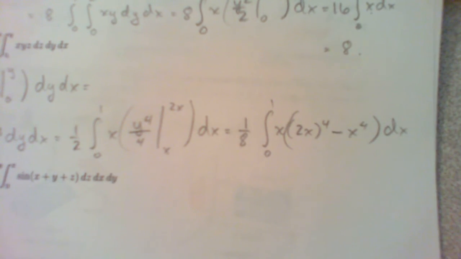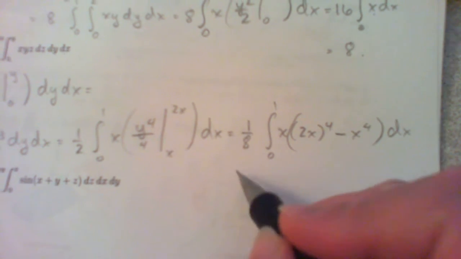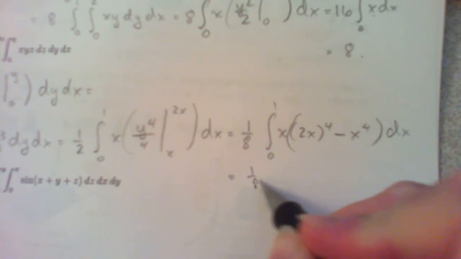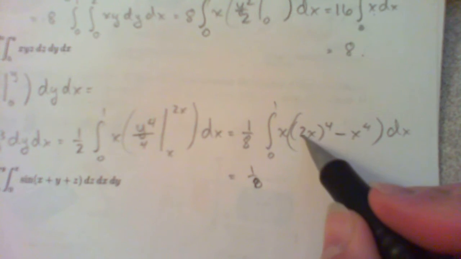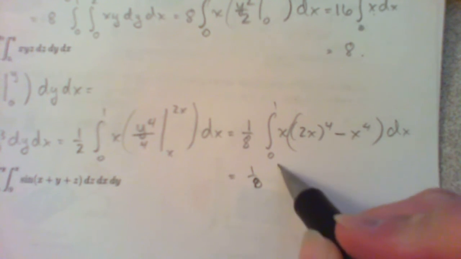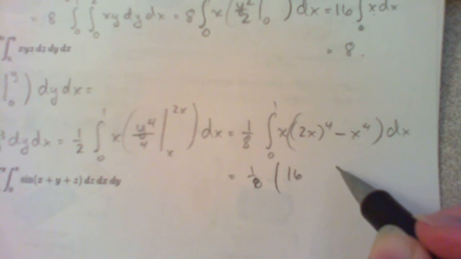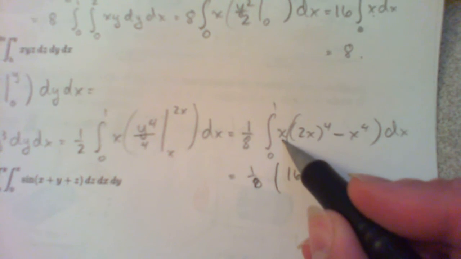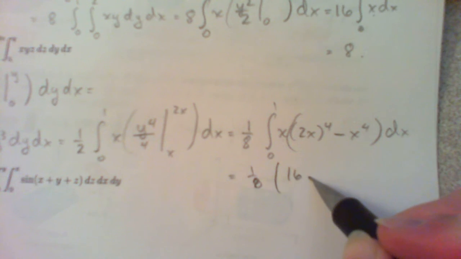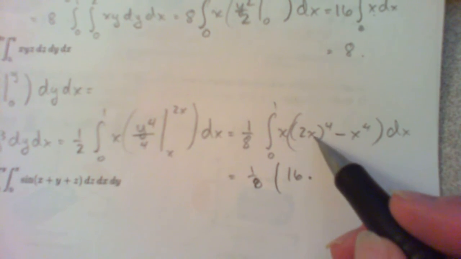Now we're just at a Calc 1 integral. Just going a little further, 1/8. Now you have 2 to the 4th, that's 16. Then you have x to the 4th, and with an x, you'll have x to the 5th.